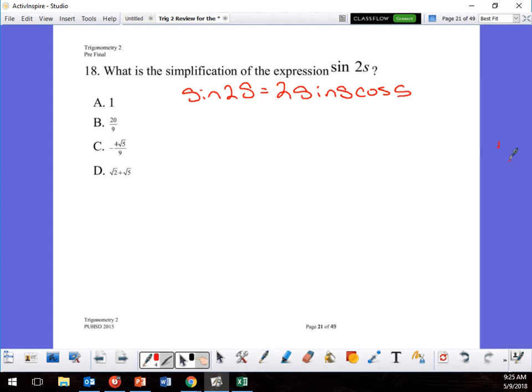There we go. So, wrote out the formula, so now I need just my S values for this. Just my S values. So you guys can help me.